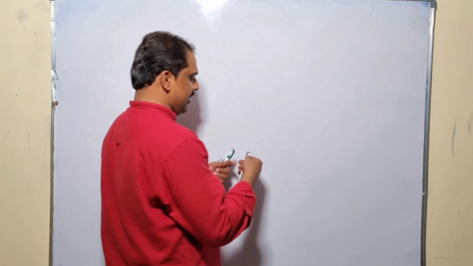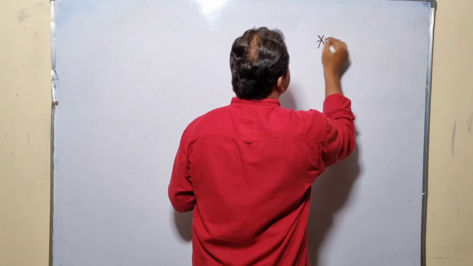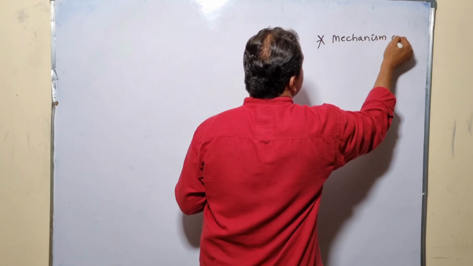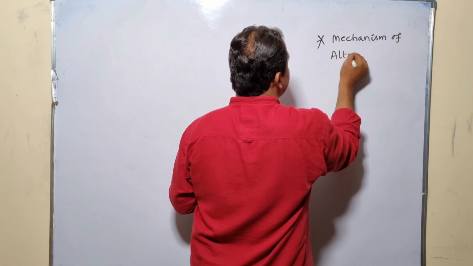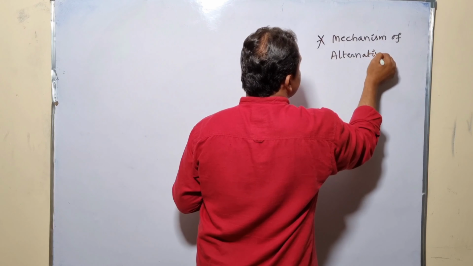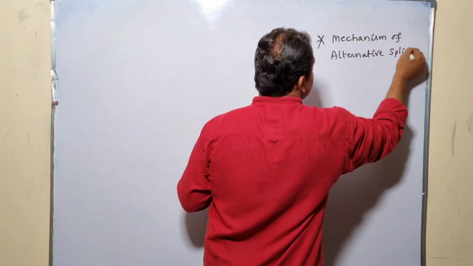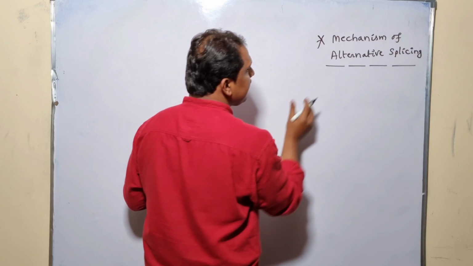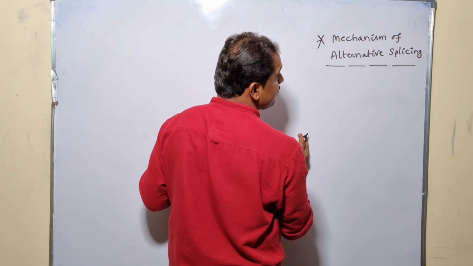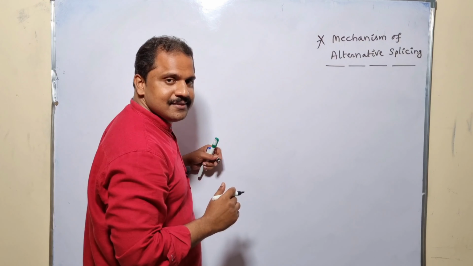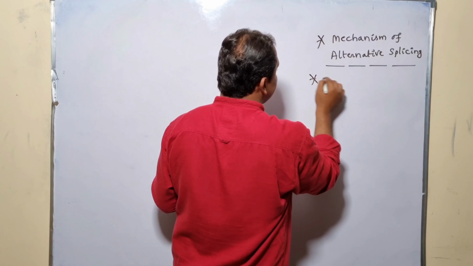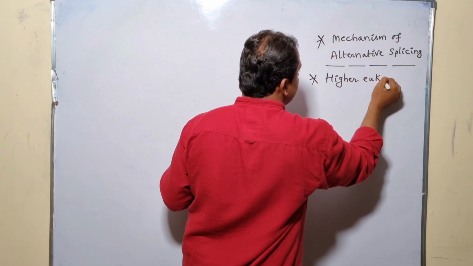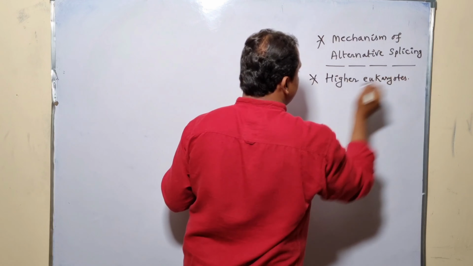So what is it? Alternative splicing mechanism, right? So here the alternative splicing mechanism is most commonly observed in case of higher eukaryotes. Is it clear? It is observed in case of higher eukaryotes, right?